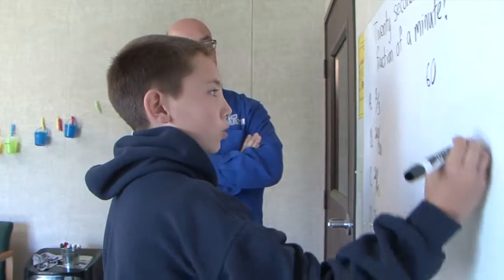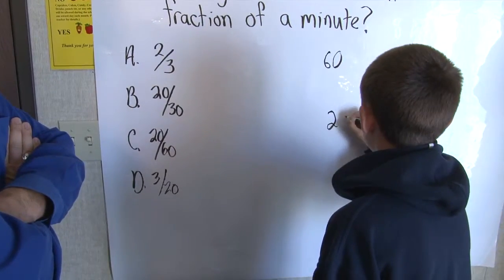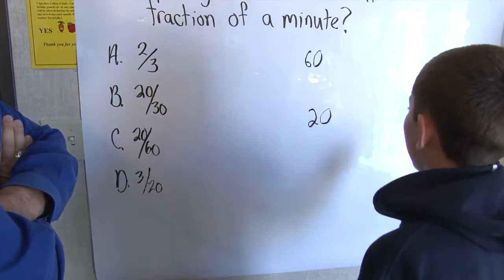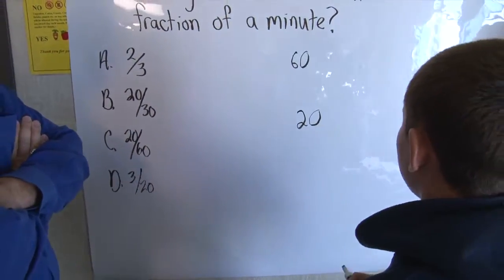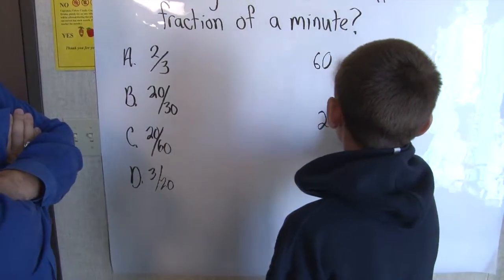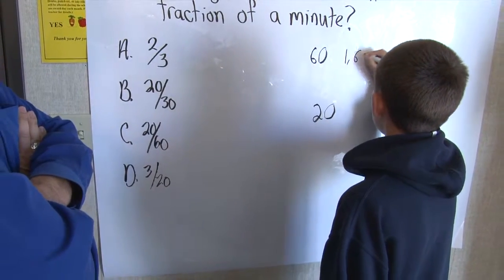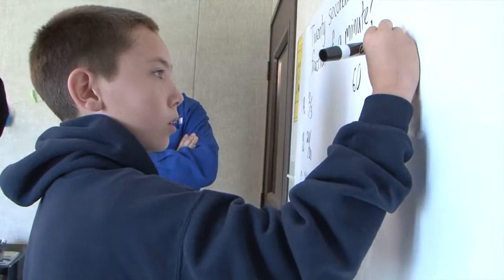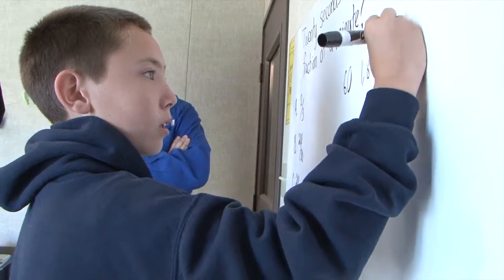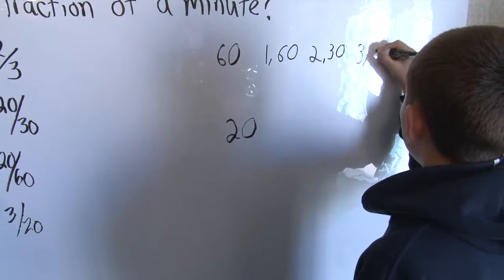Okay, so to do this, we have 20 seconds, so we would put it right down here, 20 seconds. And I usually find what it's divisible by, and it's divisible by 1 and 60, 2 and 30, 3 and 20.